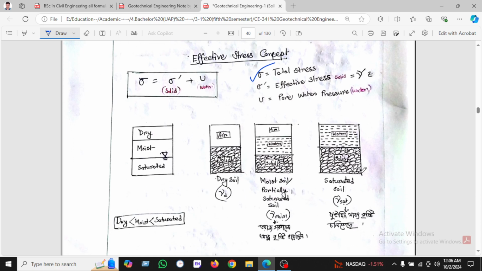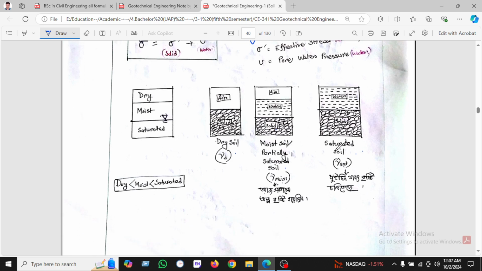We see various conditions here: a dry soil, a moist and partially saturated soil, and a saturated soil. In the dry soil we see only the solid portion. On the other hand, in the moist soil the solid portion is there and the upper portion is water, and in the saturated soil there is no air in between.